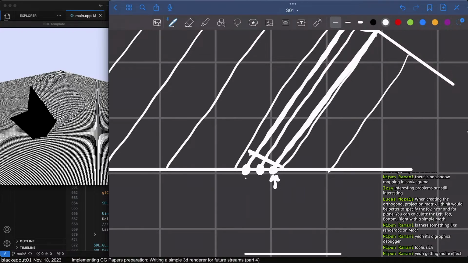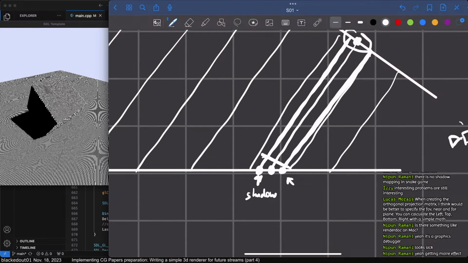So what is happening? This pixel is in shadow, and this pixel here, I mean pixel from this point of view, this pixel here is in light.